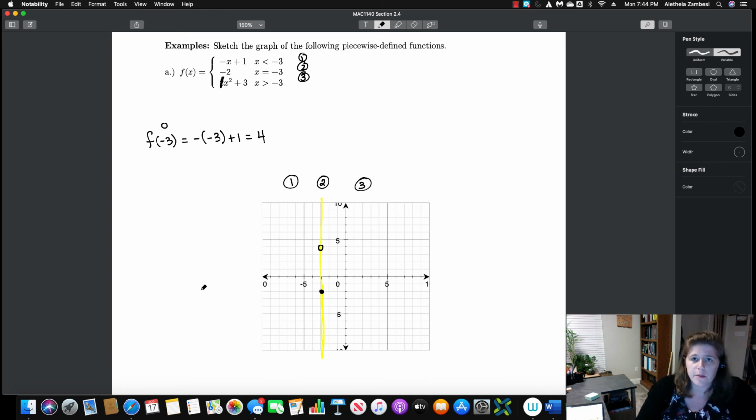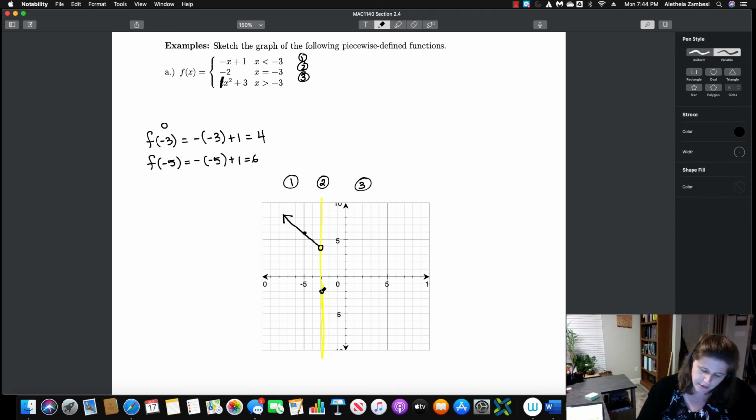Now I can plug some more points, or I can count it based on slope. So let's plug in negative 5. Negative 5 plus 1 gives me positive 6. So I have a point here, and then I'm just going to pen this in. It's this whole region on this side, so that's part of that piecewise function.